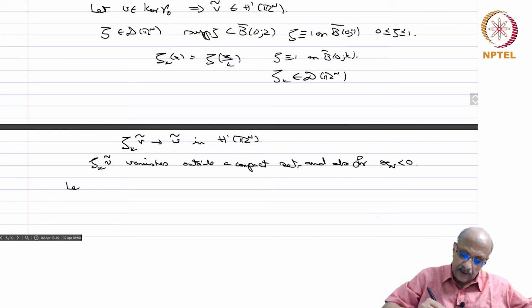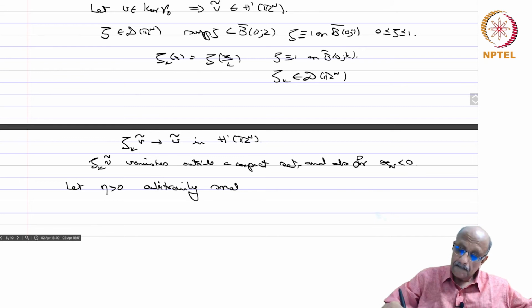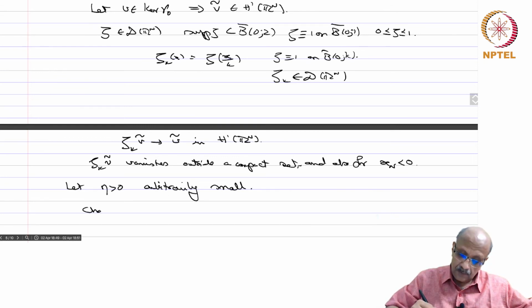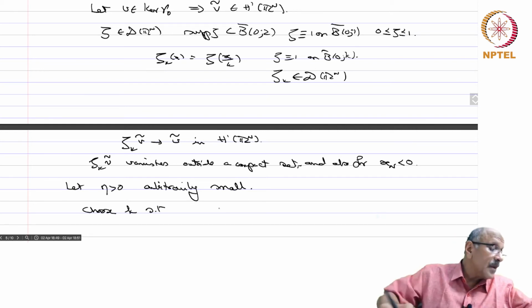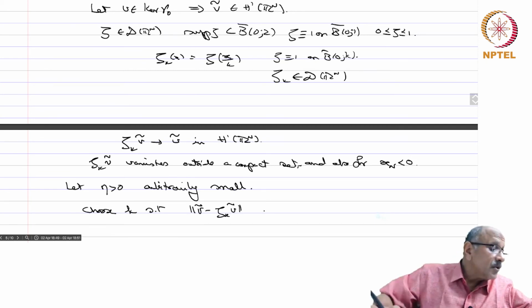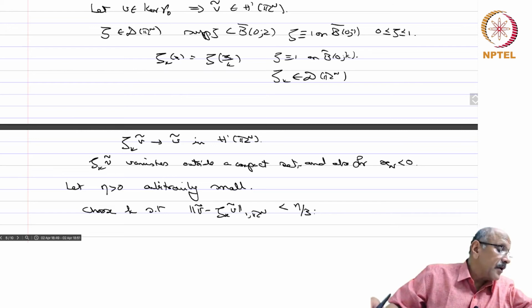So let eta be arbitrarily small. Now choose k such that the norm of V tilde minus zeta k V tilde in H1 of Rn is less than eta over 3.